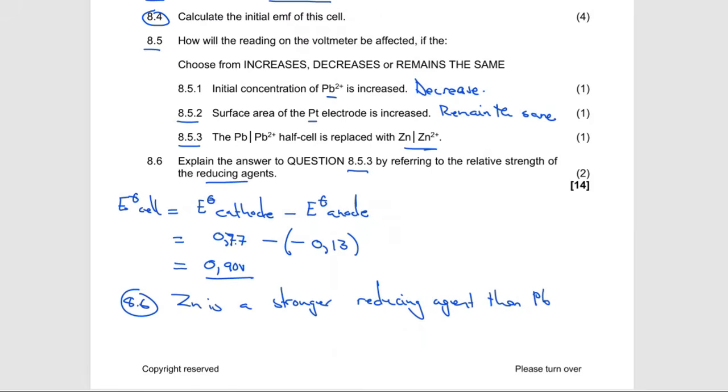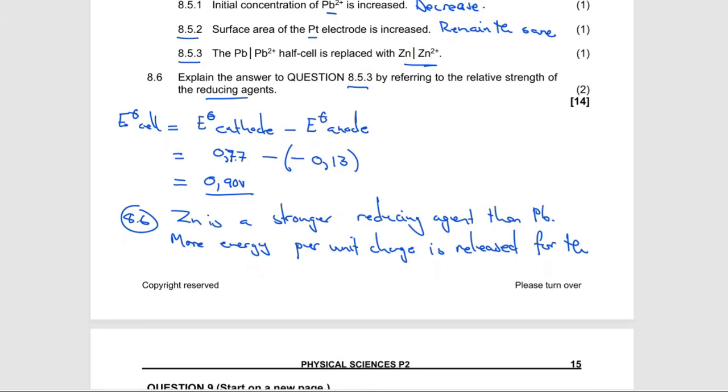Then after that, more energy per unit charge is released for the reaction between zinc and Fe3+, right?